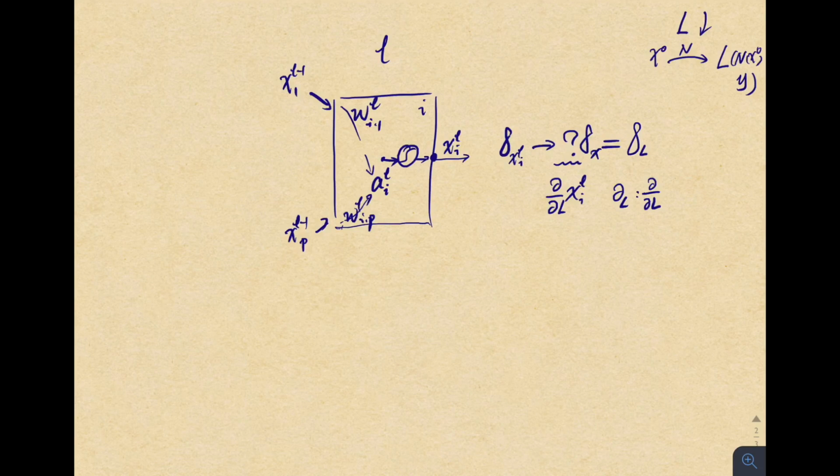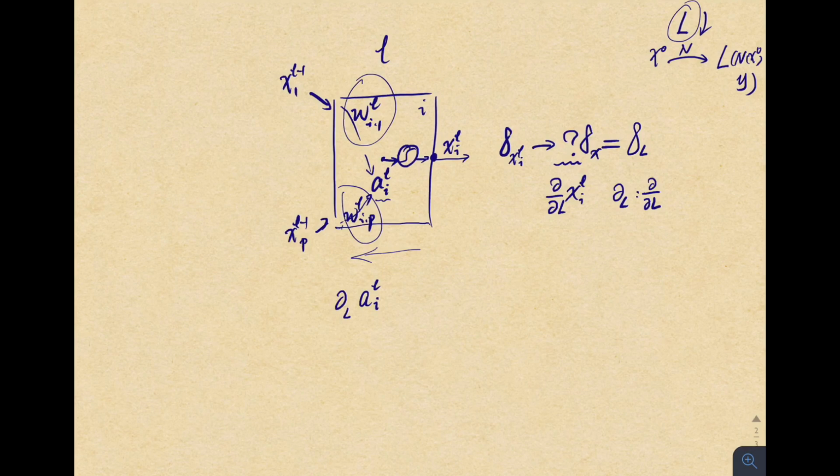The goal here is to pass this knowledge of how a change in this neuron affects the final objective function back. Specifically, we want to know how changing the network parameters W will affect the objective function L. We first push this knowledge back one step to consider how a change in A affects L, which is the partial derivative of L with respect to A.